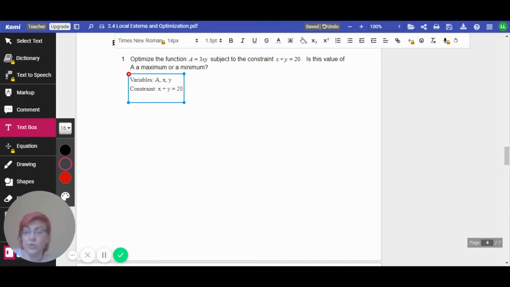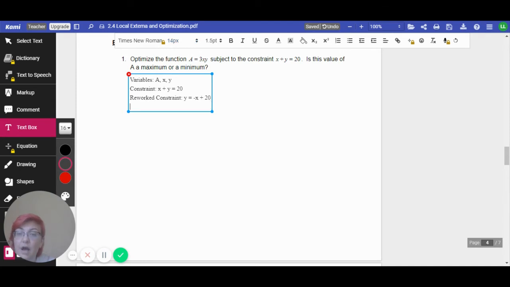Now, what I can do is I can rework my constraint to solve for y. And I do that by moving x to the other side. Y equals, I'll move x by subtracting it. Negative x plus 20.